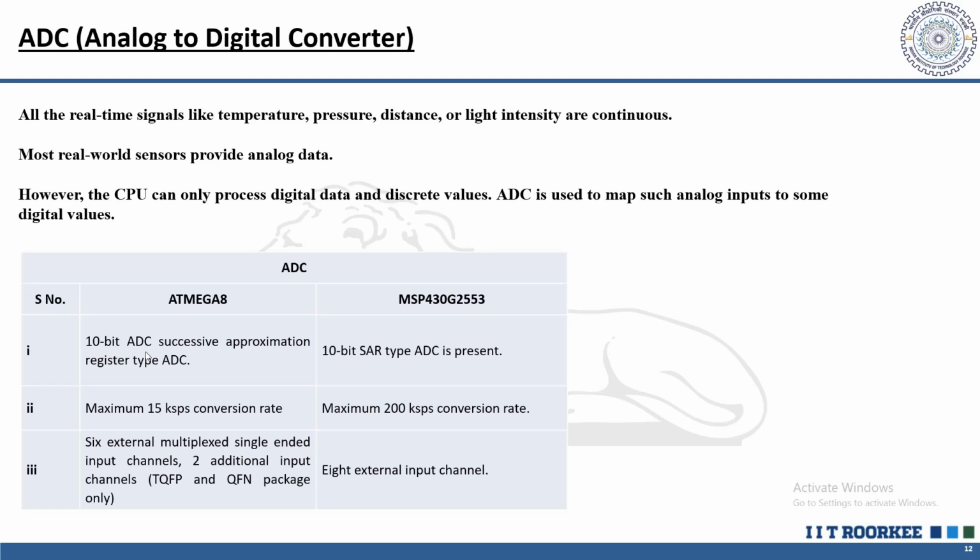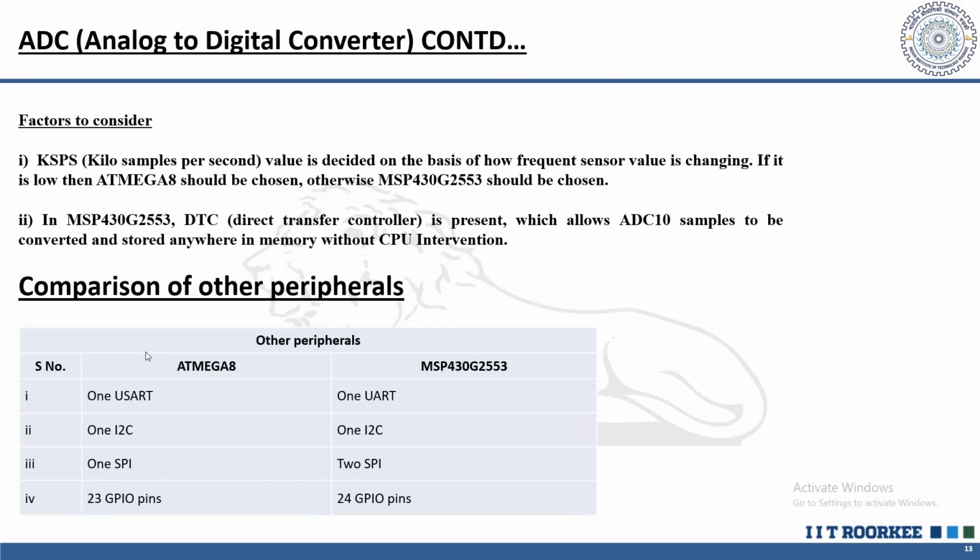That is, 0 to 0.5 volt can correspond to 0 to 1024 value, and 15 ksps conversion rate, and here is 200 ksps conversion rate, that is kilo samples per second. That is, per second how many samples it can detect. Now 6 external inputs can be used, and here 8 external input channels are there for ADC.